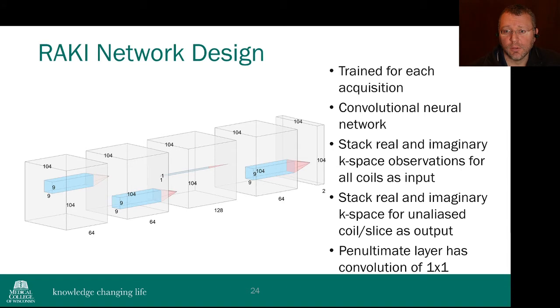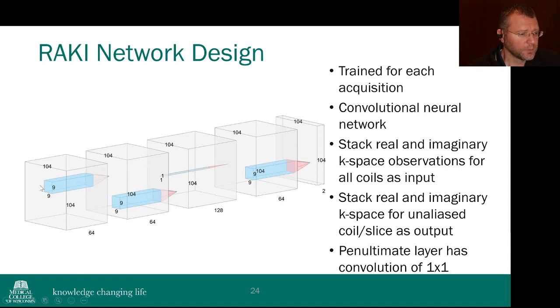Because these convolutional neural networks deal with real valued data, the complex valued MR data just essentially gets stacked up on top of each other. So if you have a 32-channel coil, you end up with 32 real channels and 32 imaginary channels in that first block of convolution, which here gives you that 64 layers.